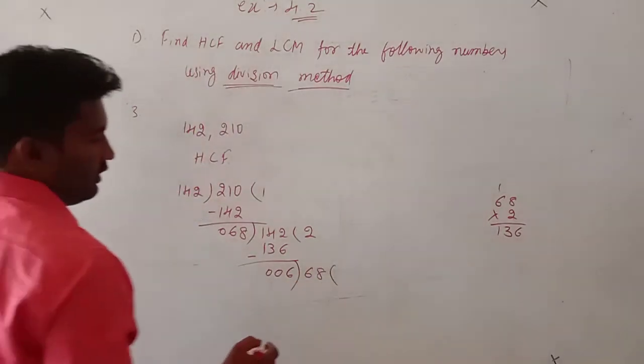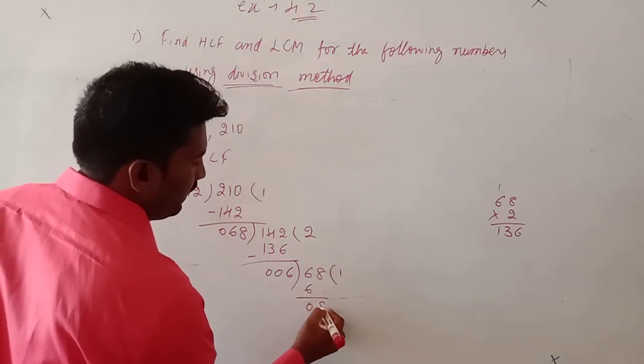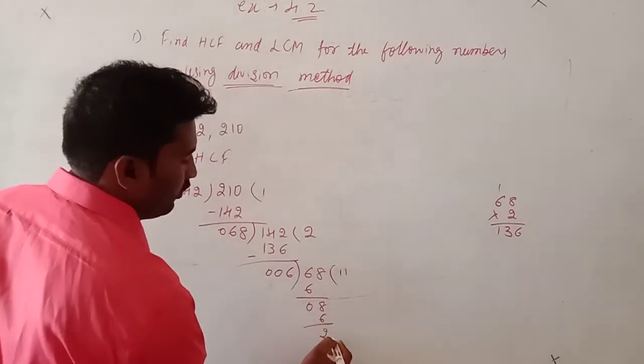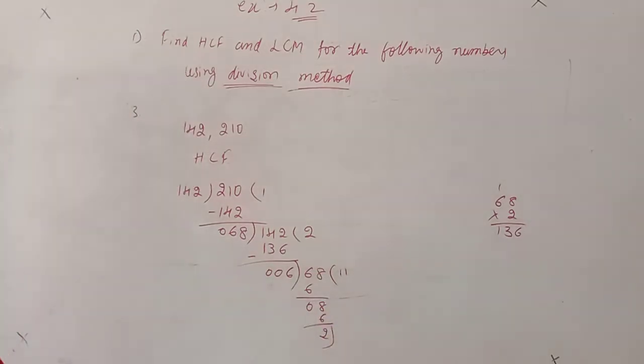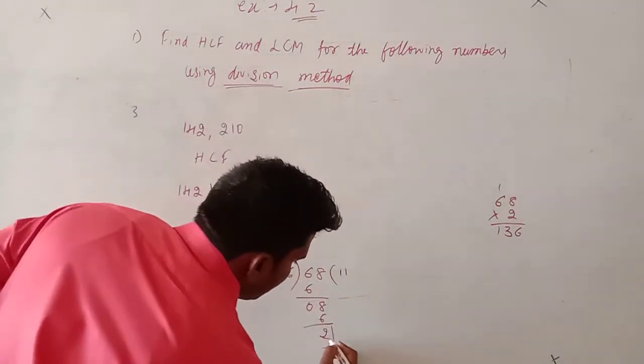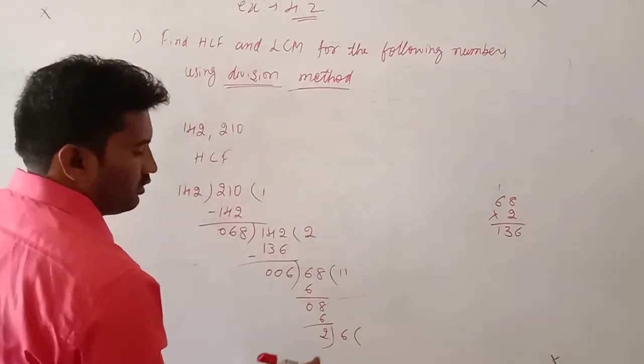Okay. 6 ones are 6, and the remainder is 2. We have to continue until we get a 0 remainder. So 2 ones are 2, 6 minus 2 is 4, so it is also not getting 0. We have to continue.